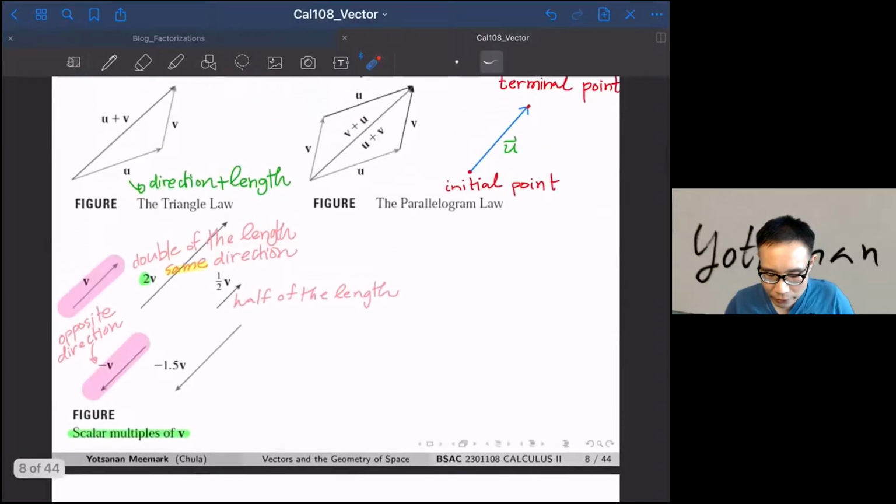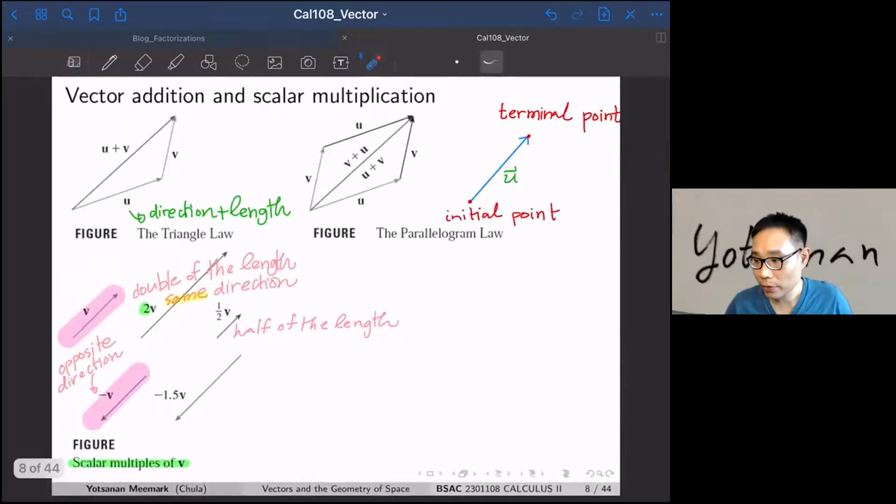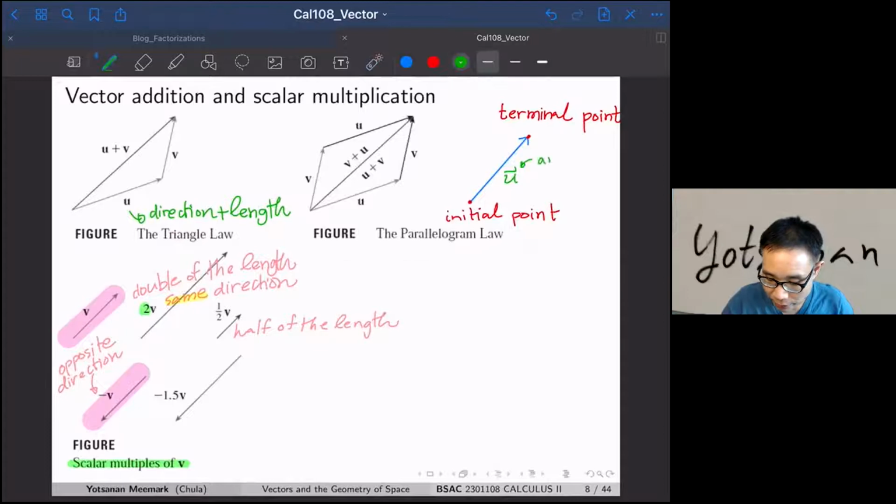Here we have two ways to write a vector. You use the letter u together with some kind of arrow, and this arrow indicates that the quantity is a vector. Another way is to use boldface.